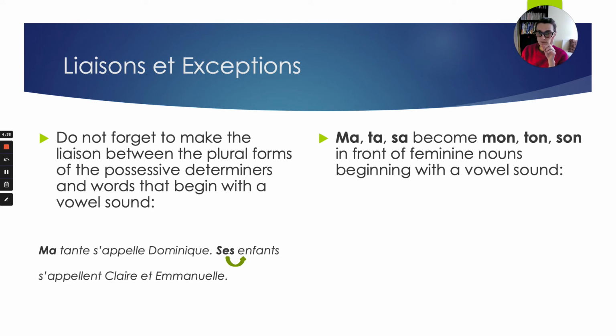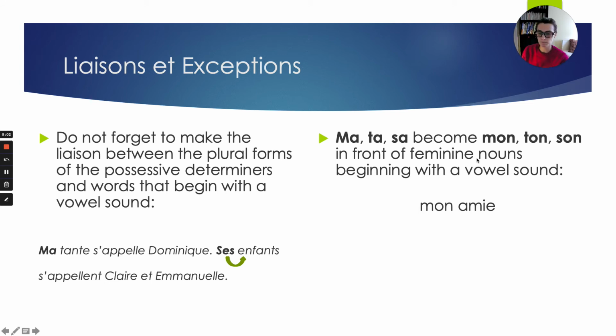One exception, one rule to remember. Ma, ta, and sa all become mon, ton, and son in front of feminine nouns starting with a vowel sound. Mon amie. Amie here is a feminine word, female friend, but I would still use mon in order to make that liaison happen.